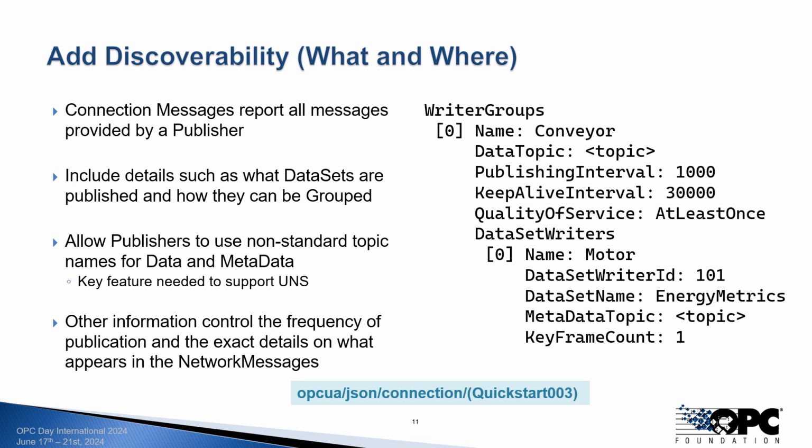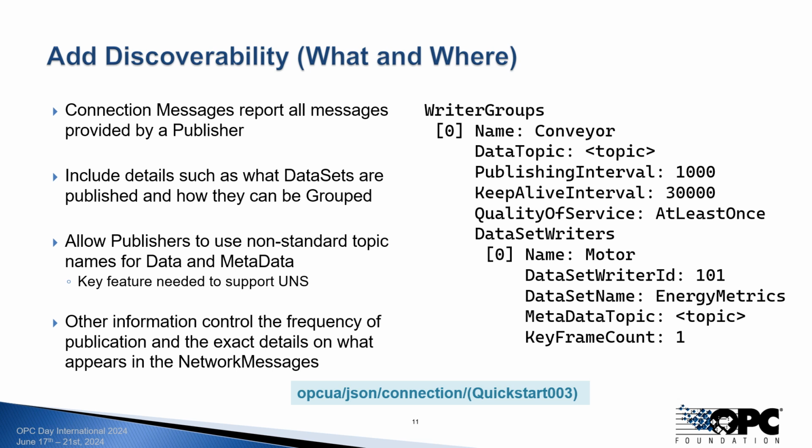So basically, a publisher will usually publish multiple data sets. And these data sets, related data sets, can be grouped together into things we call writer groups. And this grouping is conveyed in the connection message.